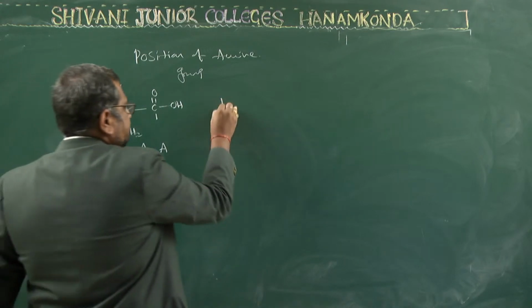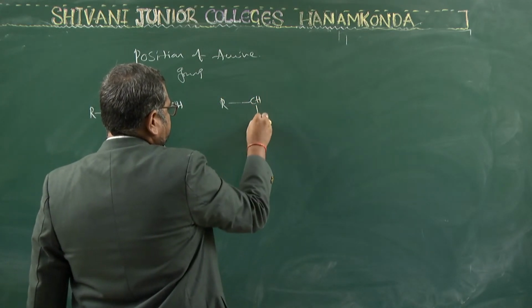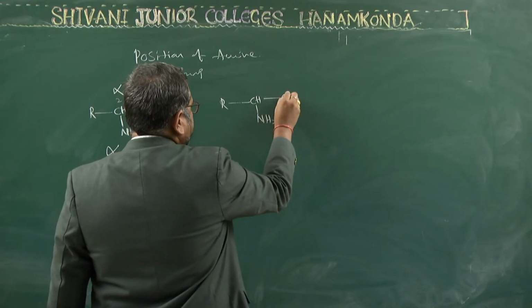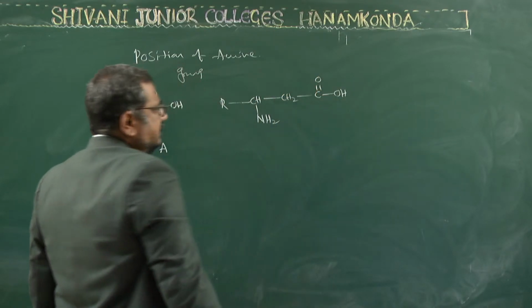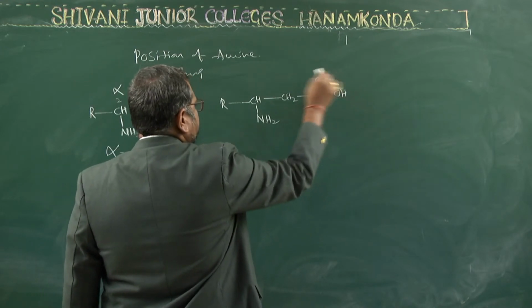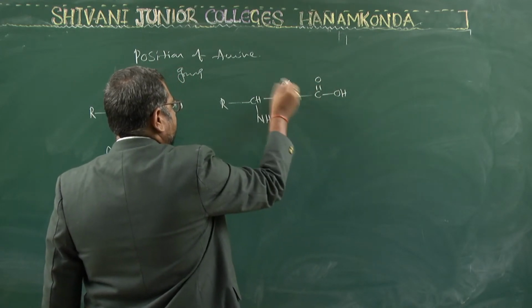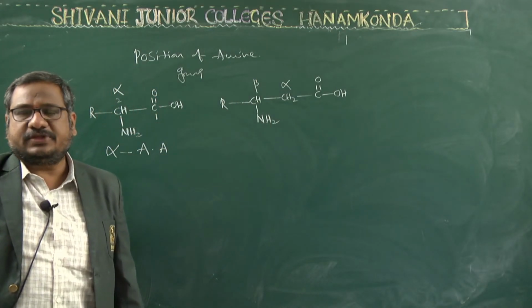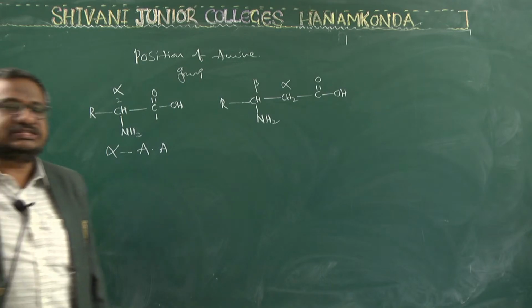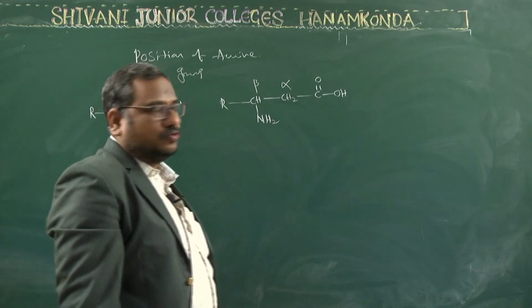If you write R, CH, NH2 and CH2, C double bond OH, here the carbon adjacent to the functional group is alpha, and the next adjacent carbon is beta, in the common name criteria. Which is the major functional group? The acid group.